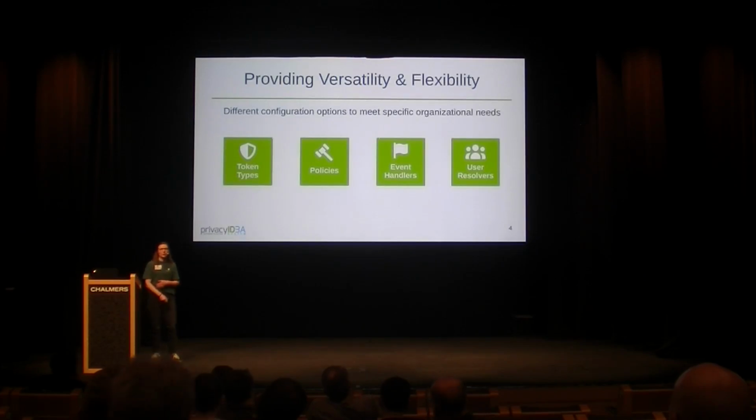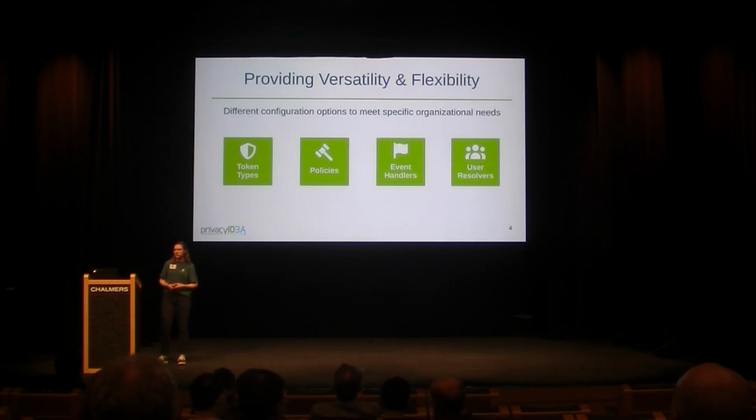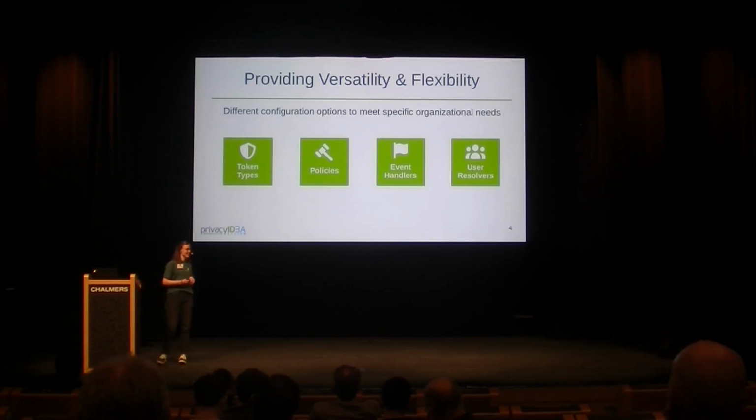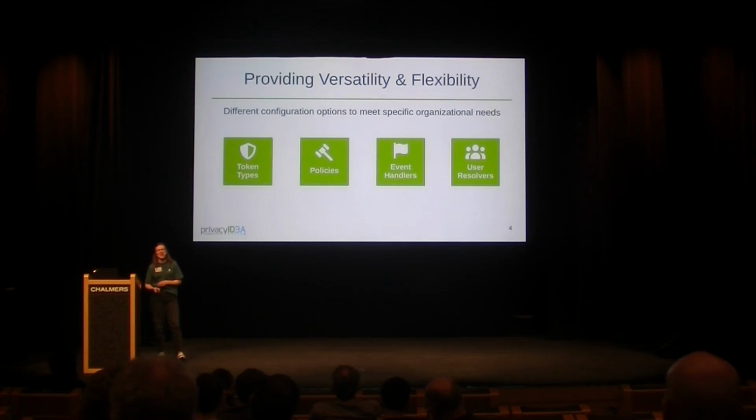privacyIDEA is designed for versatility and flexibility, providing different configuration options to fulfill a wide spectrum of system requirements. To name the main sections, we provide different token types, which you can use as your second factors.